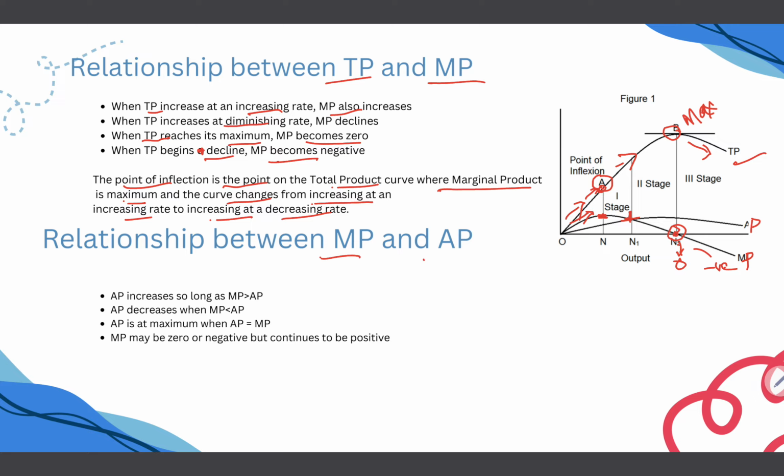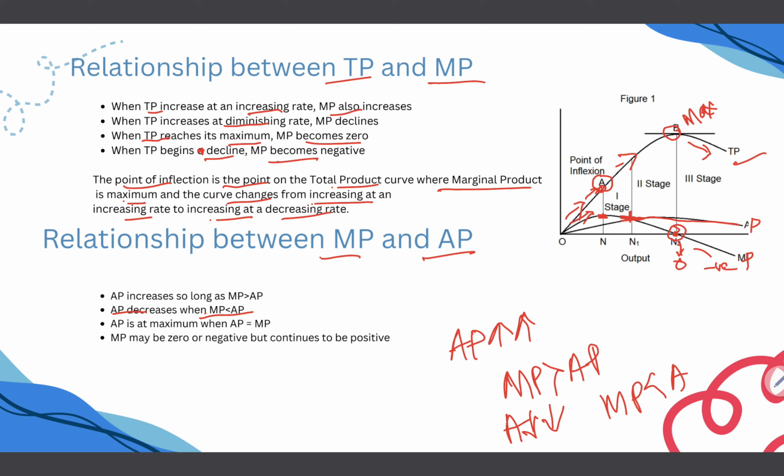And then what is the relationship between AP and MP? AP increases so long as MP is more than AP. That means AP increases where MP is greater than AP, till now. Then after this point, we observe that AP decreases, when MP is less than AP.